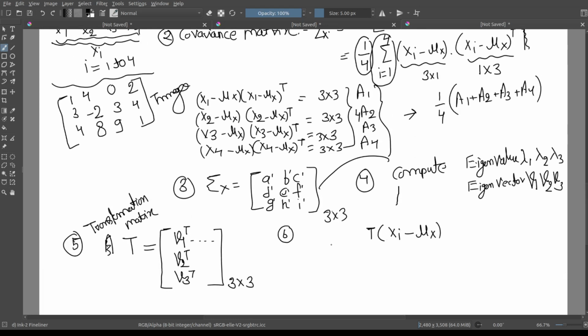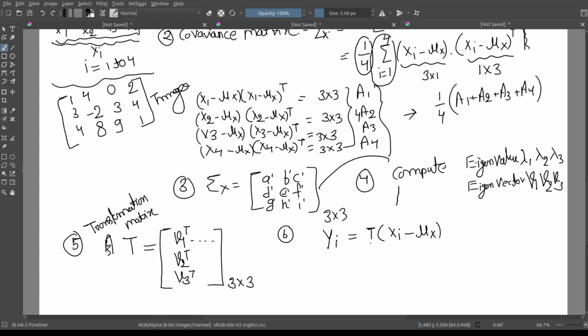What you get is the transformed output, let's say the vector yi.